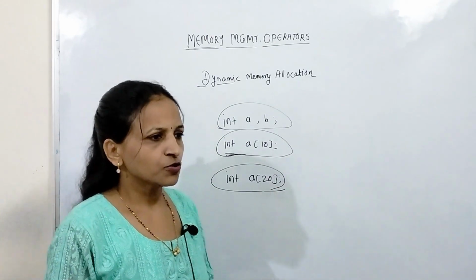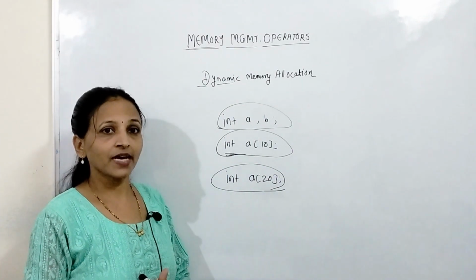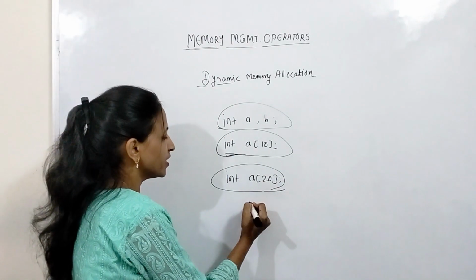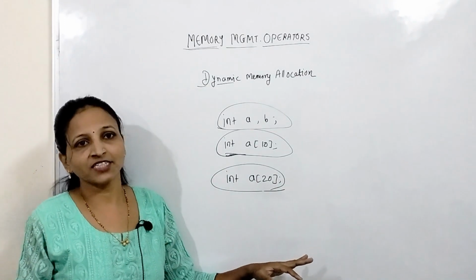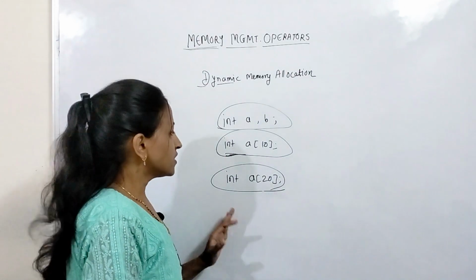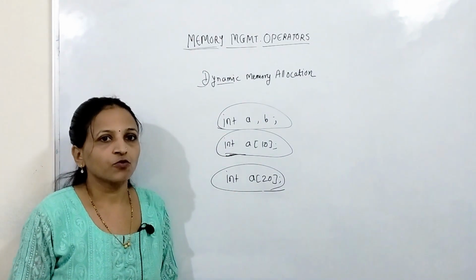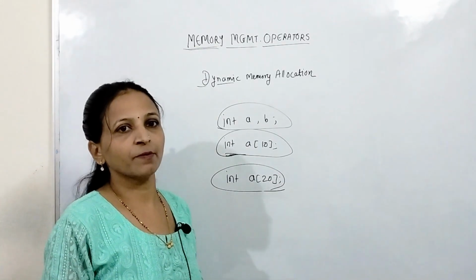And if the user wants to store only 4 numbers and add those 4 numbers, then only 4 integer spaces will be used from that array and the remaining space will get wasted. This is just a wastage of memory. This is the drawback of static memory allocation, and you can resolve it with the help of dynamic memory allocation.